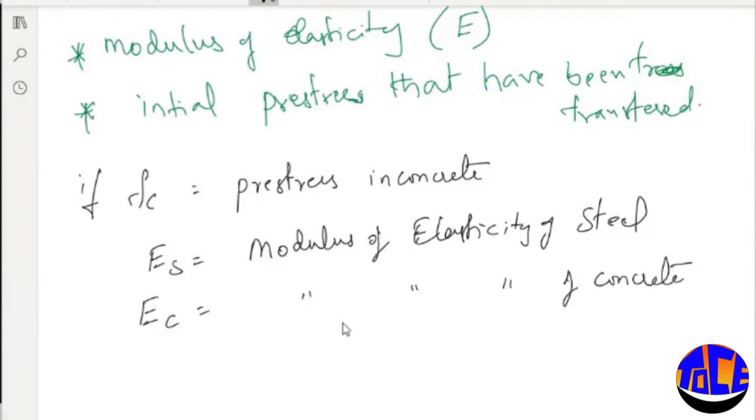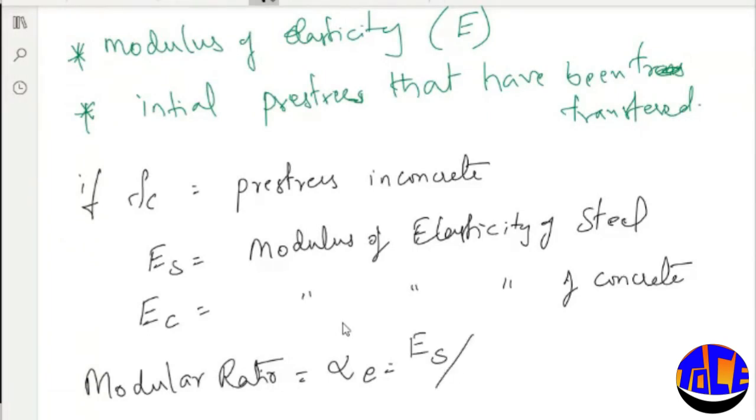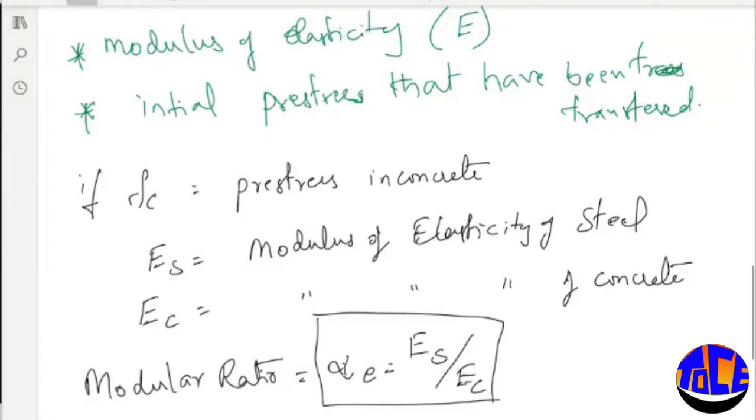The modular ratio alpha E will equal Es divided by Ec, the modulus of elasticity of steel divided by the modulus of elasticity of concrete. So this is alpha E, the modular ratio.